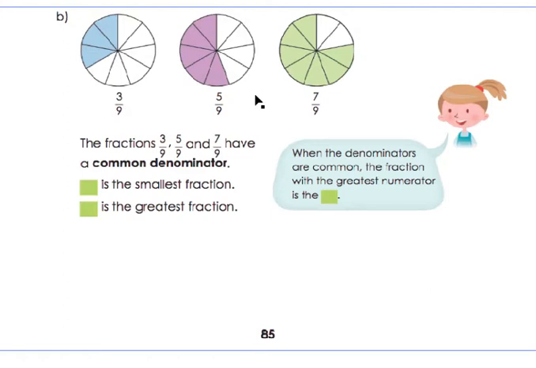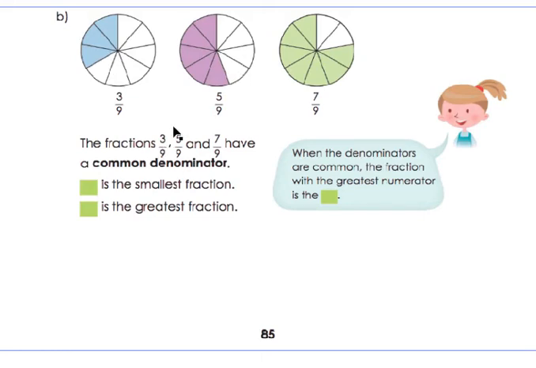Now, here it's more easy because as you can see, again, the 3 circles, the complete circle, the whole, are the same. And here, remember the denominator tells you how to divide it into 9 parts. So here we have 9, 9, 9. And you color the numerator.